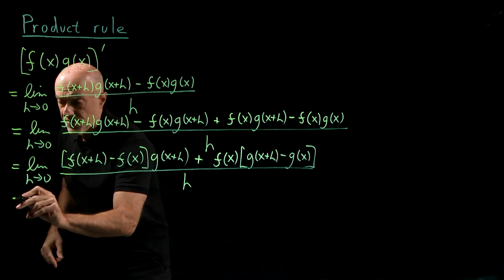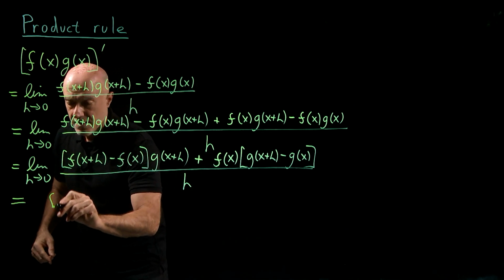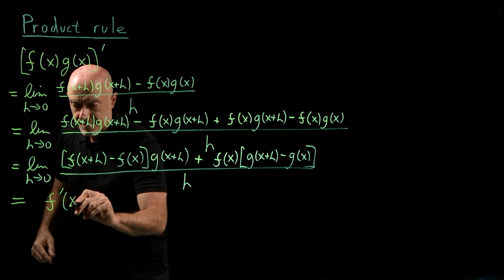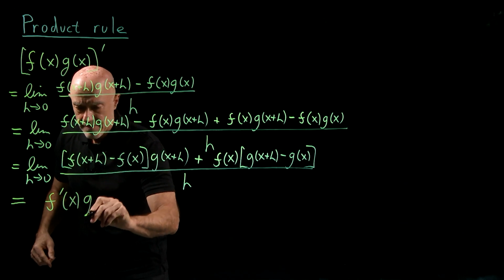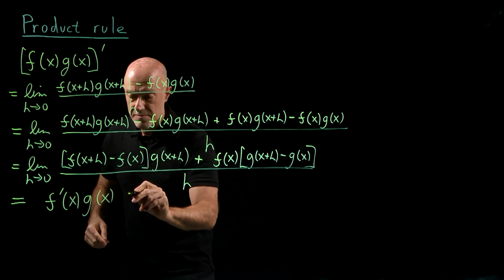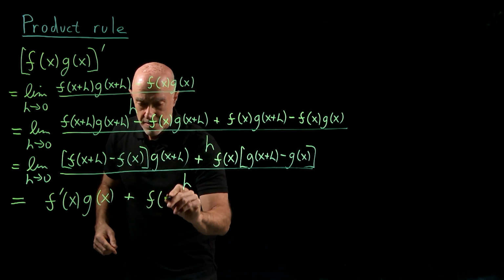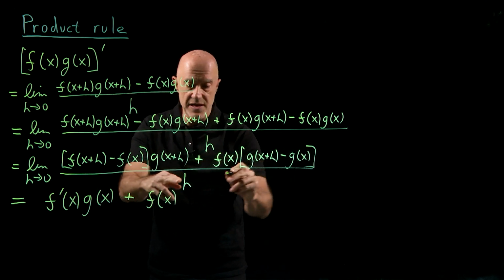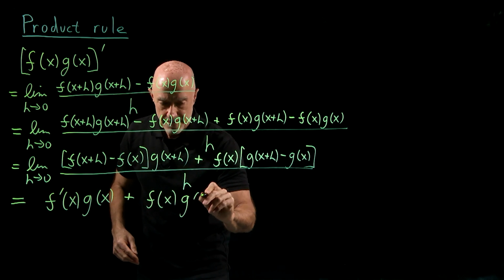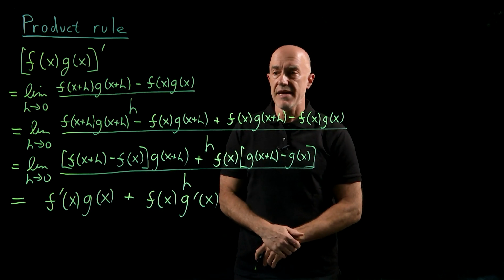So this whole thing simplifies to the derivative of f times g after we take the limit as h goes to 0, plus f times the derivative of g. Okay, so a very nice simplification.